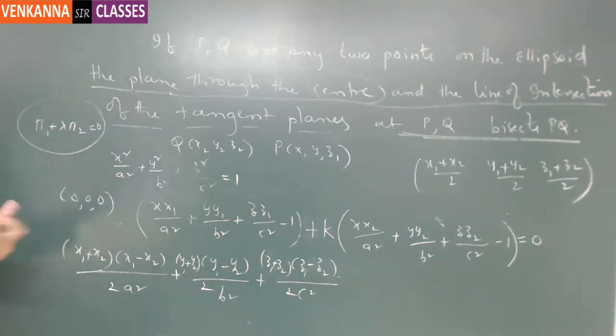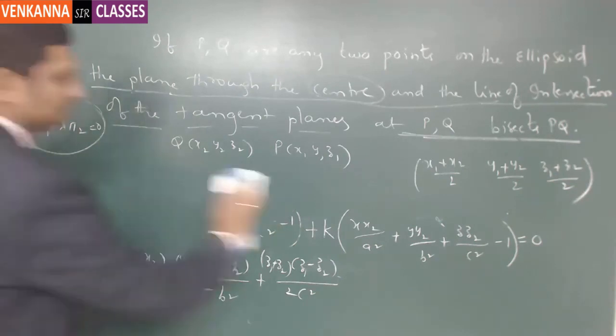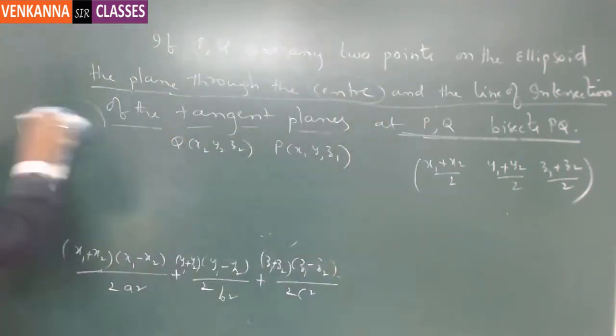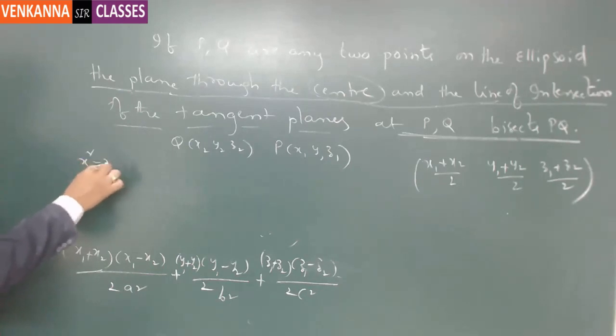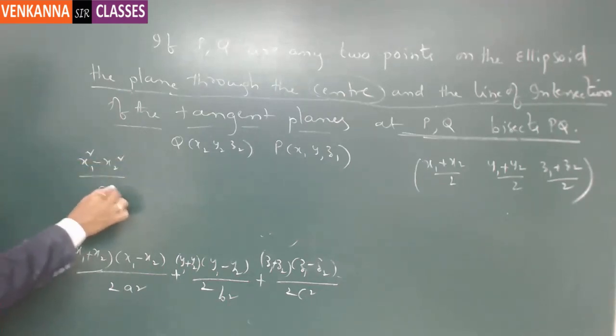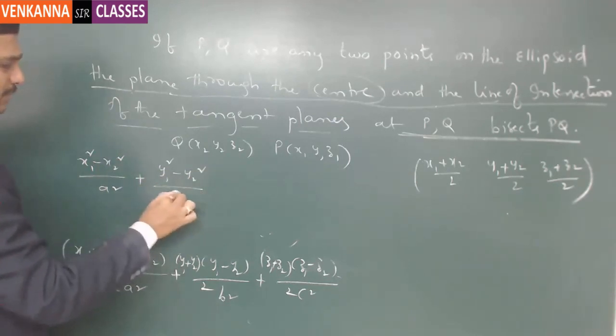Right? Now, in the numerator, it is of the form (a plus b) into (a minus b). You have to simplify that. So you are going to get x1 square minus x2 square by a square plus y1 square minus y2 square by b square.